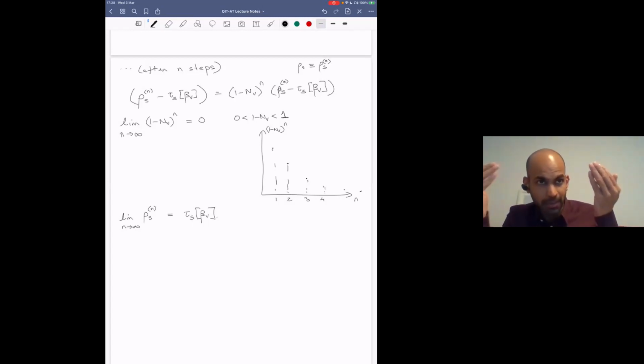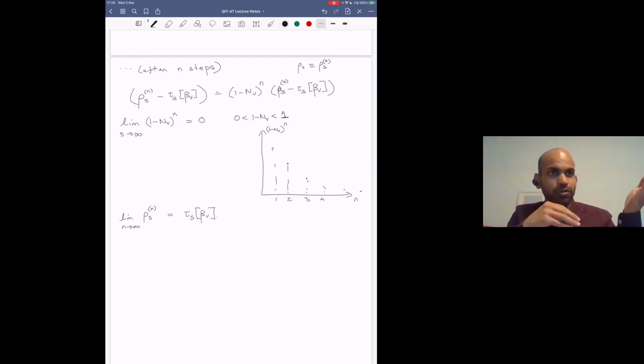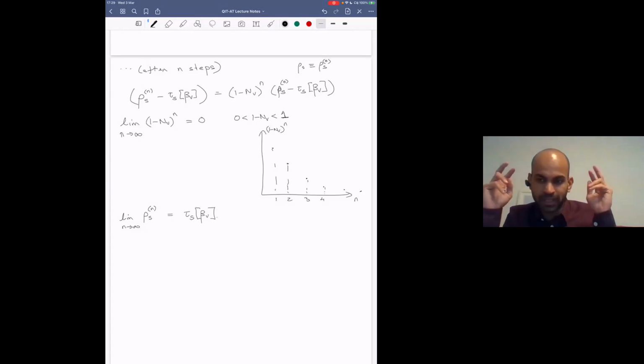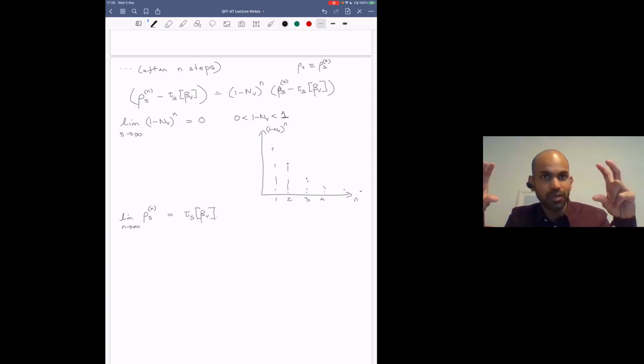So whatever virtual temperature, or at least the populations on that subspace, whatever we start off with on the virtual qubit, will eventually be induced on our system after a long enough number of steps. So this is the first example that you have of a thermalization procedure, where we have a temperature that we connect our system to, and we have a process that keeps repeating.